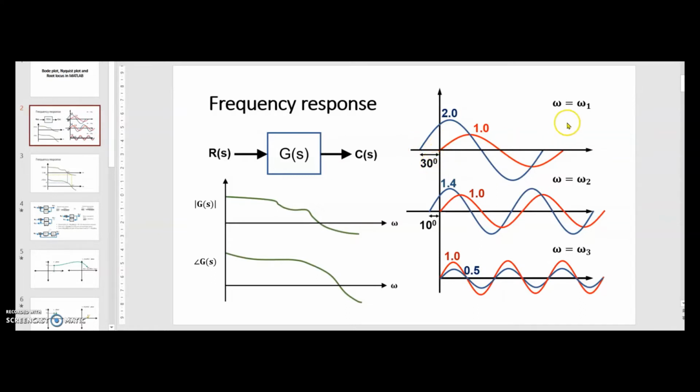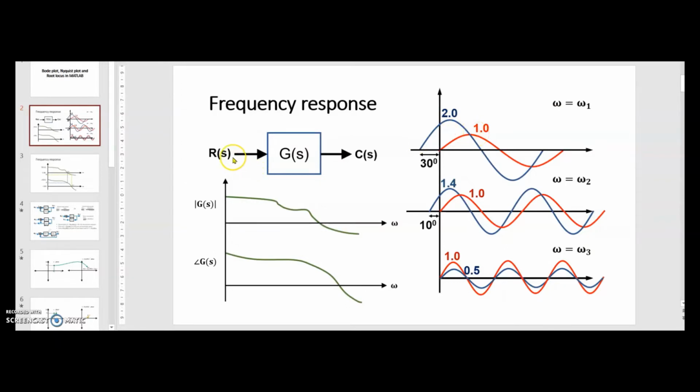So we will say that the system has a gain of 2 and a phase of 30 degrees at frequency omega equal to omega 1, right? So gain of the system is nothing but magnitude of output divided by magnitude of input.